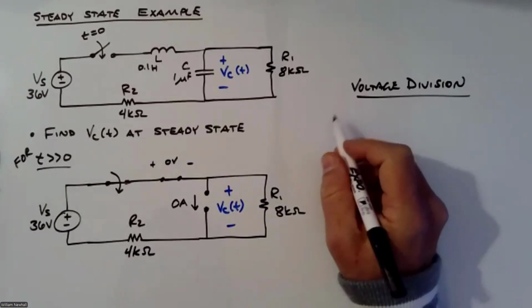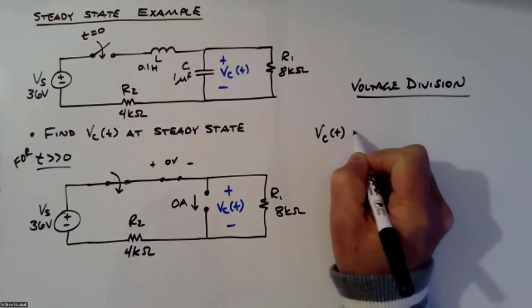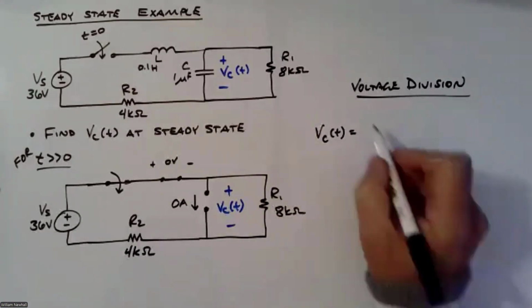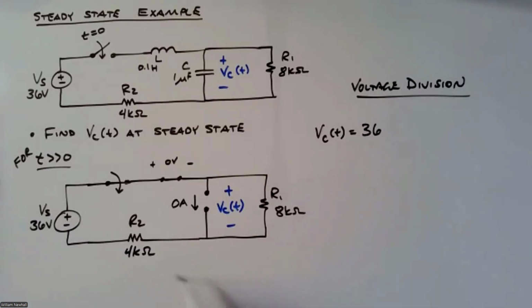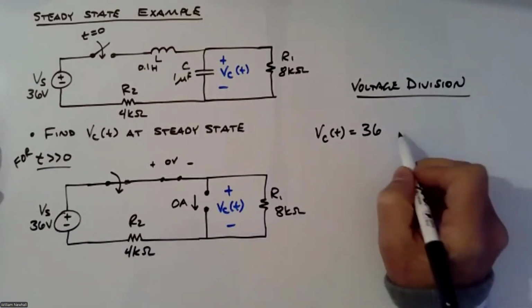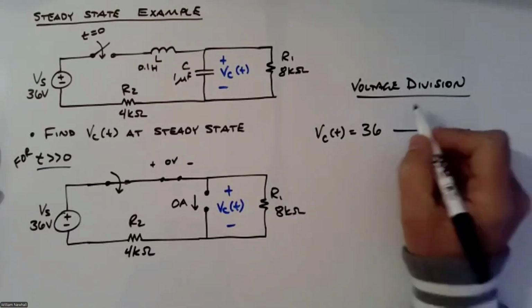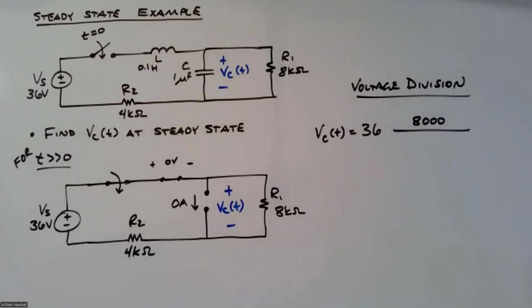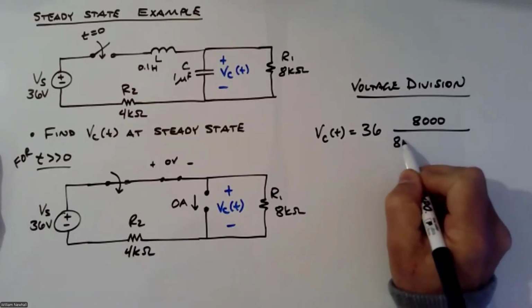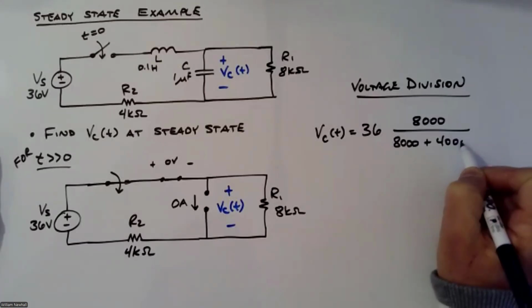Okay, so voltage division says Vc of t is the voltage across the series resistances times, on top of this ratio goes the resistance across which I'm trying to find the voltage, and on the bottom, the sum of the series resistances.